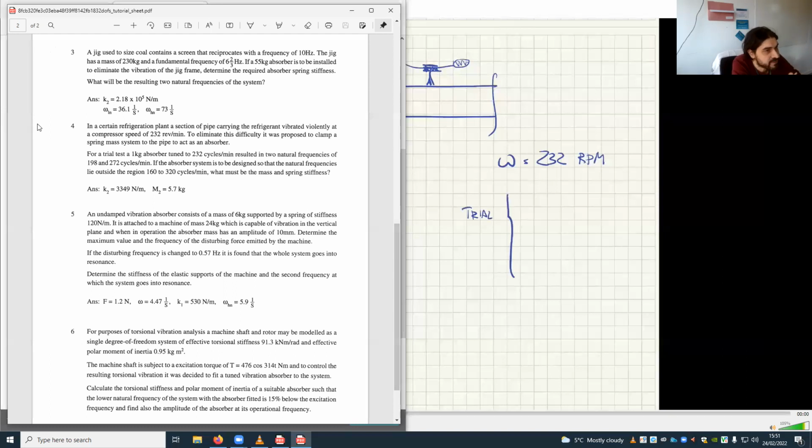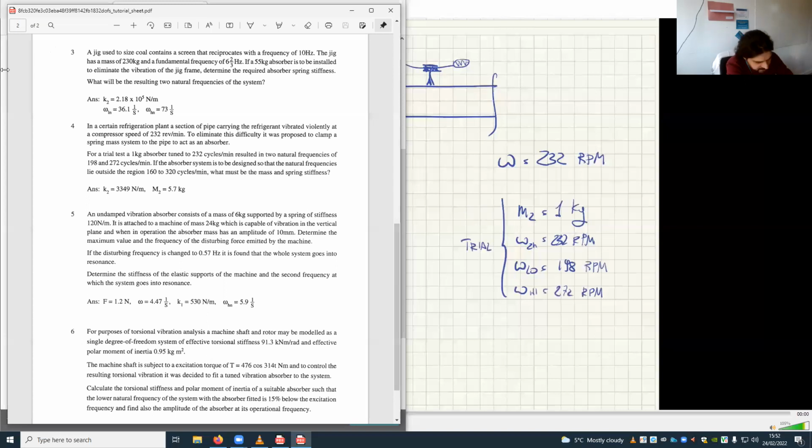For the trial test, we have a 1 kilogram mass of the absorber tuned at 232 RPMs, resulting in omega low of 198 and omega high of 272. These are the trial information.